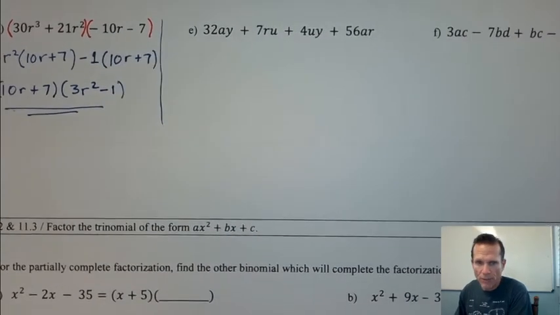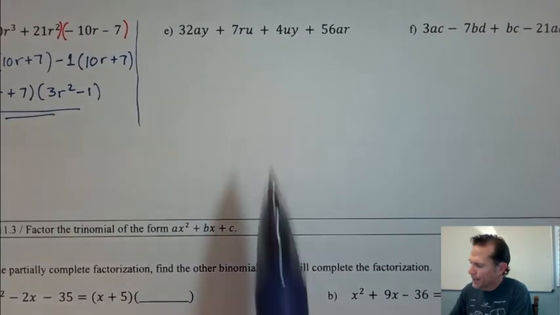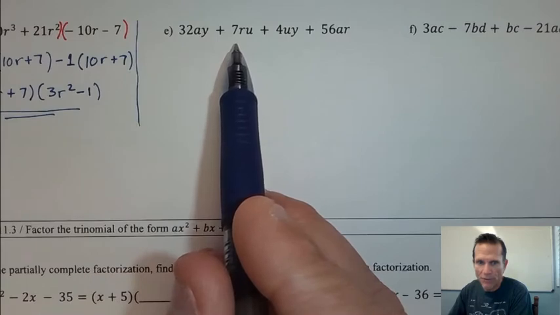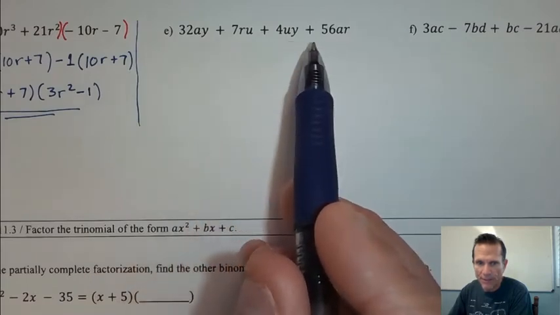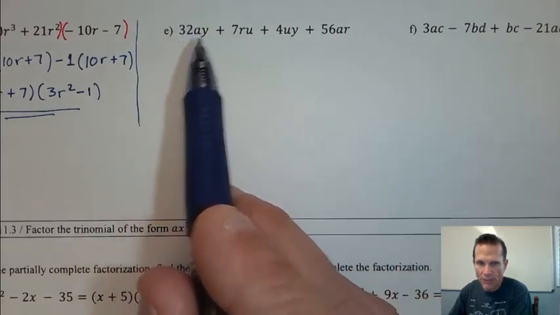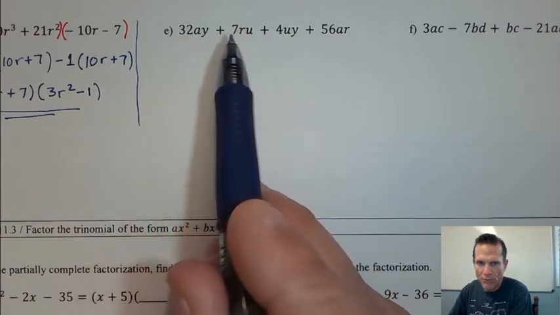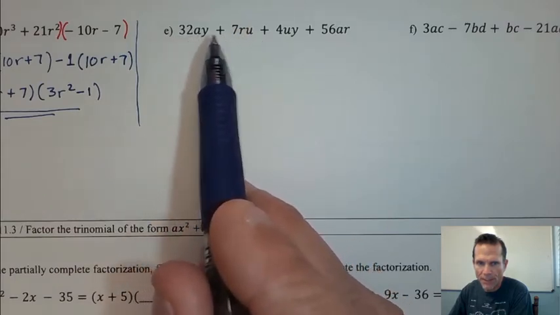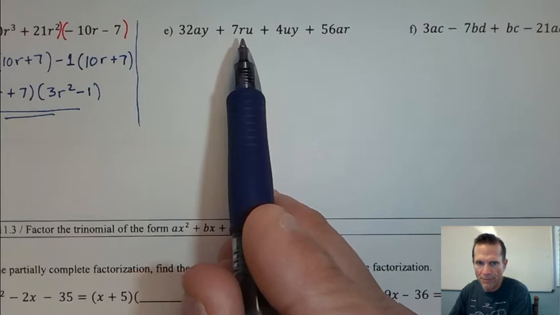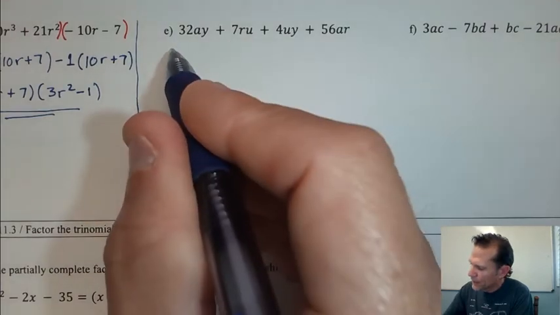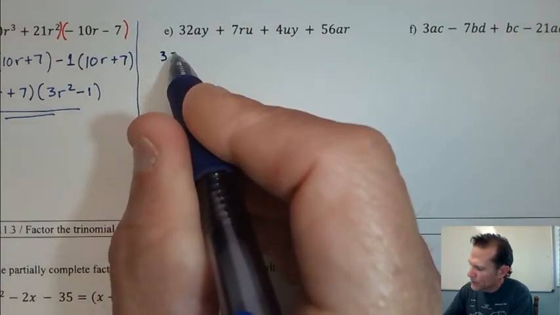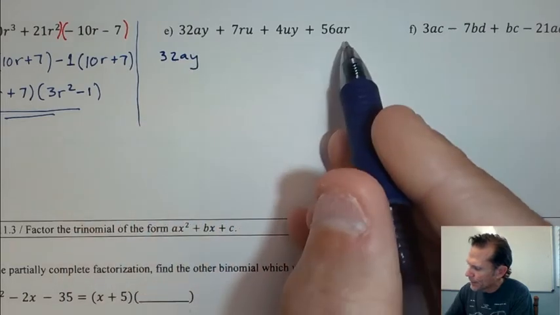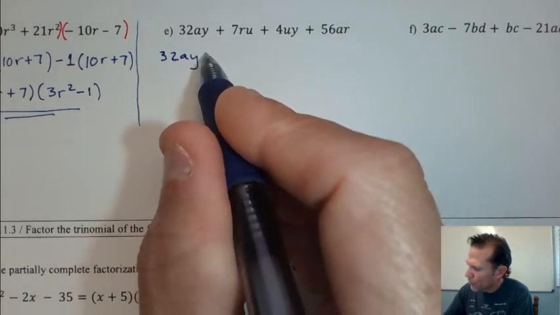Looking at this next one and thinking a little bit ahead, if I make my two binomials, look at this first one here. I'd have a 32 and a 7, and then none of the letters would match, so nothing would factor out. So what I can do is rearrange this, and I'm going to group the y's together.